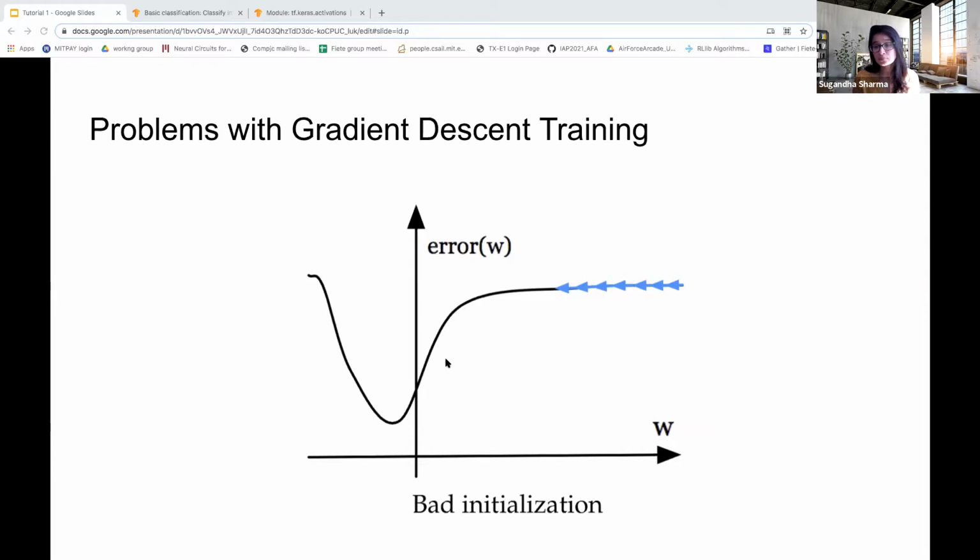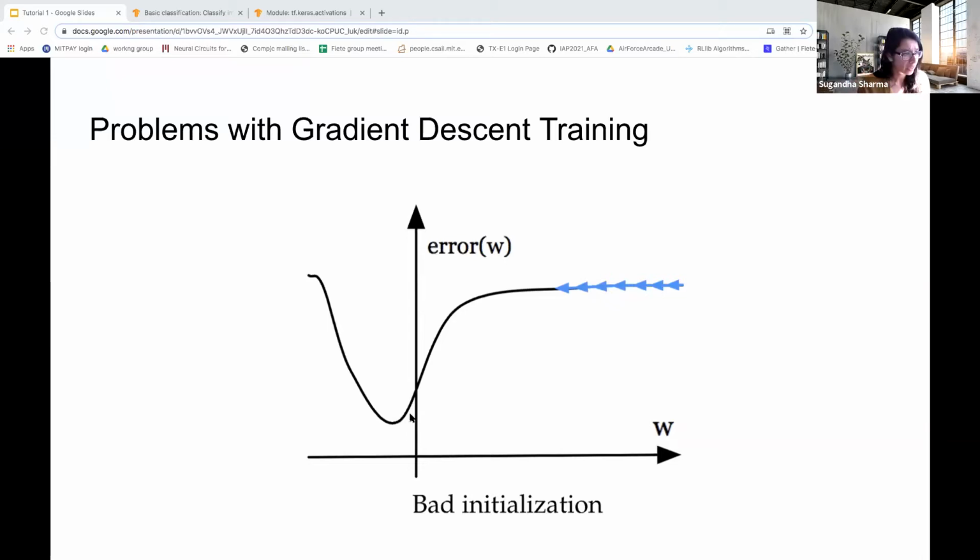You can have a bigger learning rate in the beginning, so that you can come near to the optimum. And when you reach near the optimum, you can reduce your learning rate so that you have a higher chance of reaching the optimum. There are different optimizers implemented in TensorFlow, which we'll see, that implement this adaptive kind of learning rate.